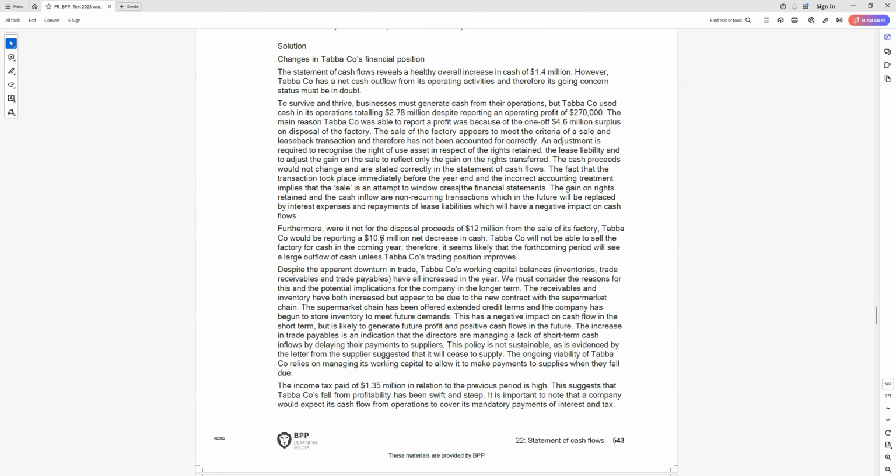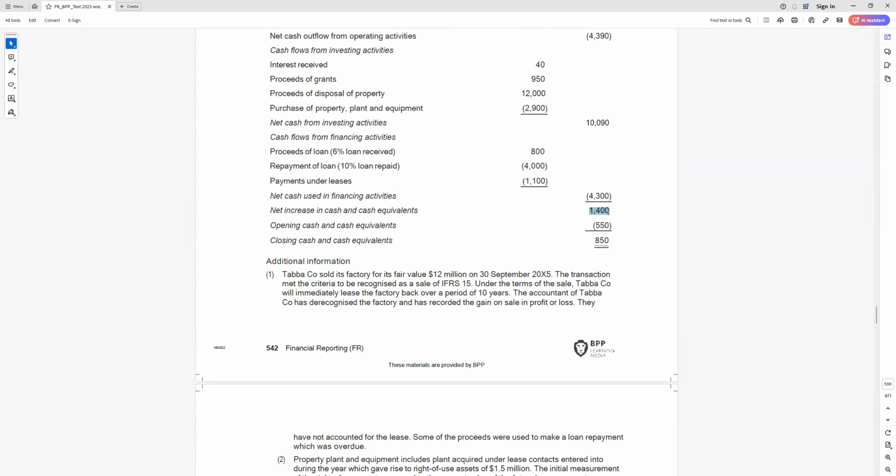However, were it not for the disposal proceeds of 12 million from the sale of the factory, the company could be in trouble for sure. T Co would be reporting a 10.6 million net decrease. Now they have the 12 million, and because of it they are reporting 1.4 positive. But if we don't sell this property this year, we will not have any positive.